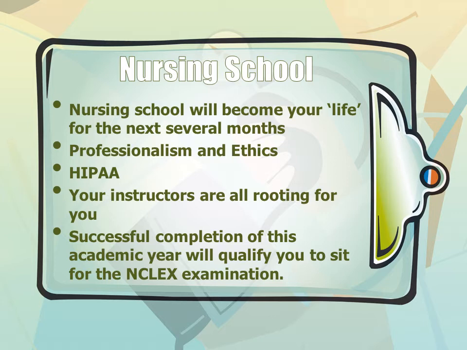If you have concerns, you must follow the chain of command, beginning with the instructor of a course. Taking concerns to another instructor or out of order of the chain of command is only going to delay problem resolution. So if you have a concern, the first person you will go to will be the instructor of the course.